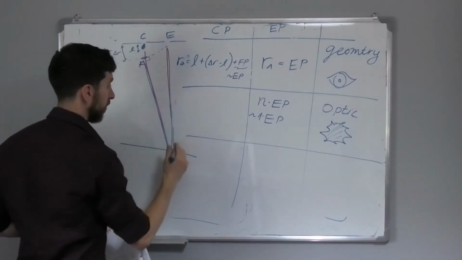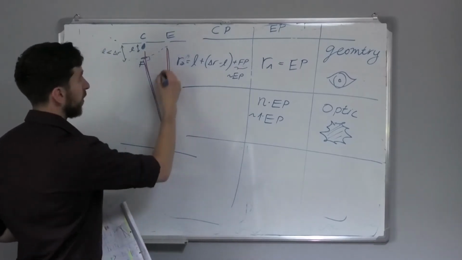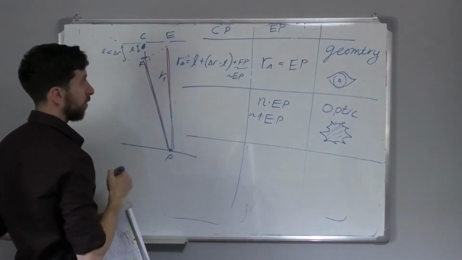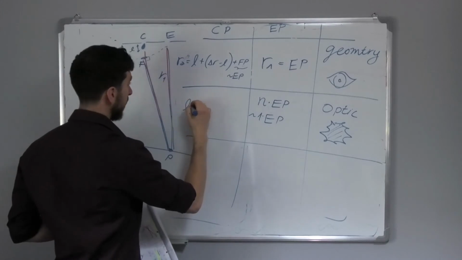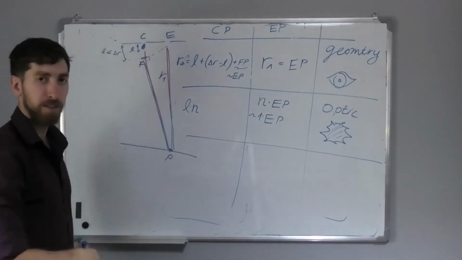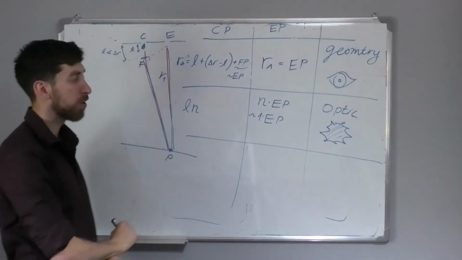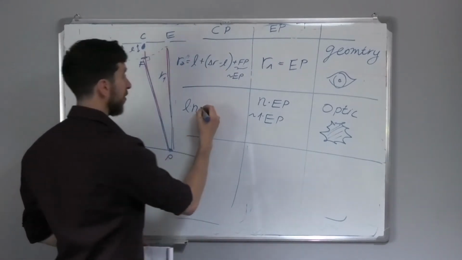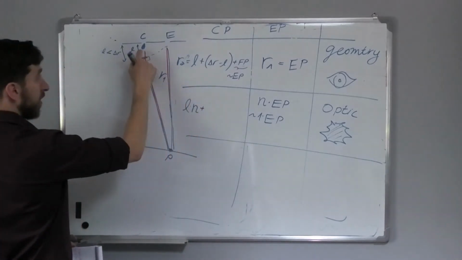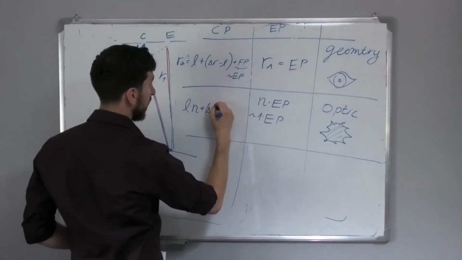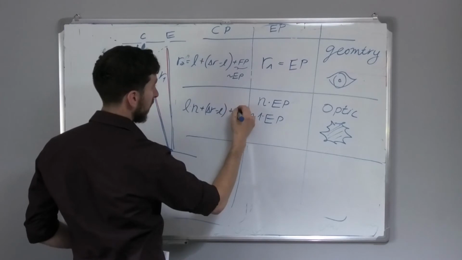Right now it's changing. R1 is going to move all the time. When I go through the droplet, I'm not at 1. There's some index; we talked about water being approximately 1.3. So you have this n over here, plus, in this zone, delta R minus L, plus EP.